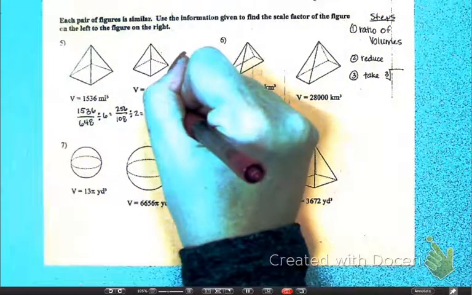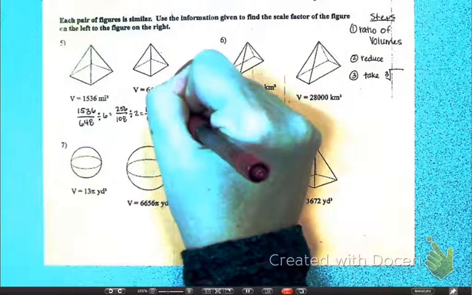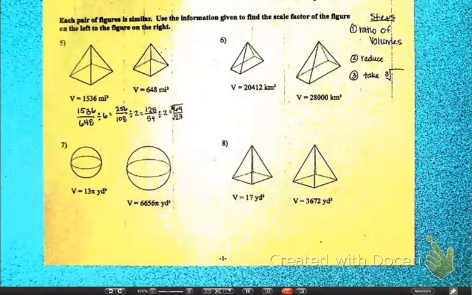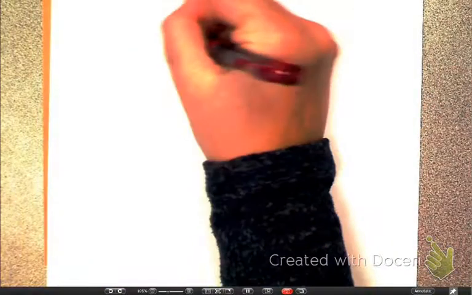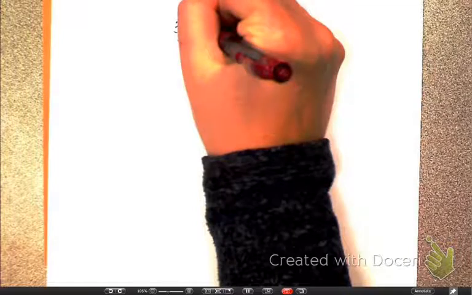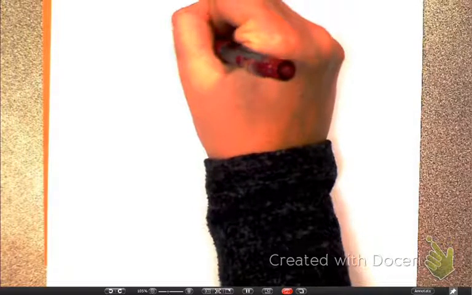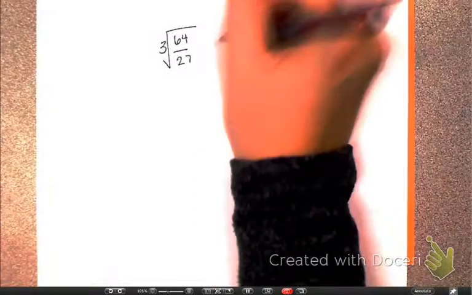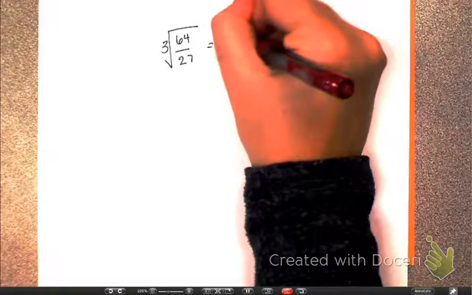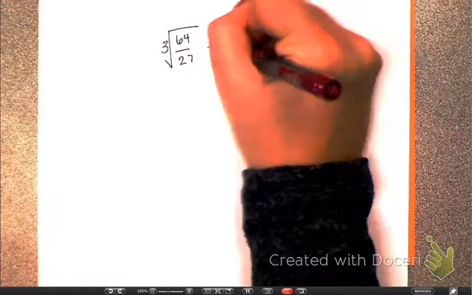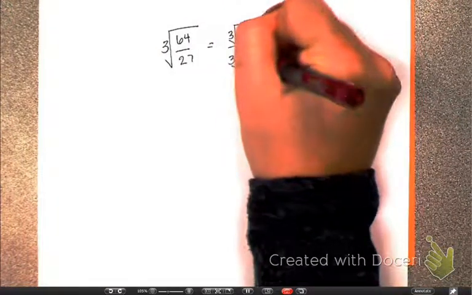Okay, and I'm going to show you a couple different ways we can do this, but we're going to take the cube root of both of those numbers. Now, we've taken a ton of square roots before, right? I'm going to just write on this real quick so you can see. So 64 over 27. This is the same as the cube root of 64 over the cube root of 27.